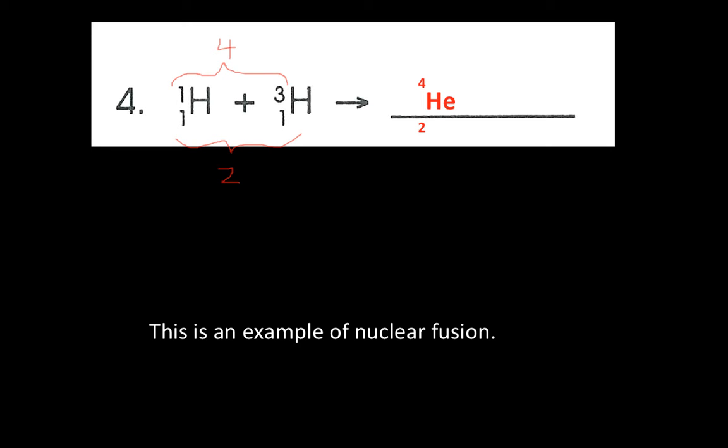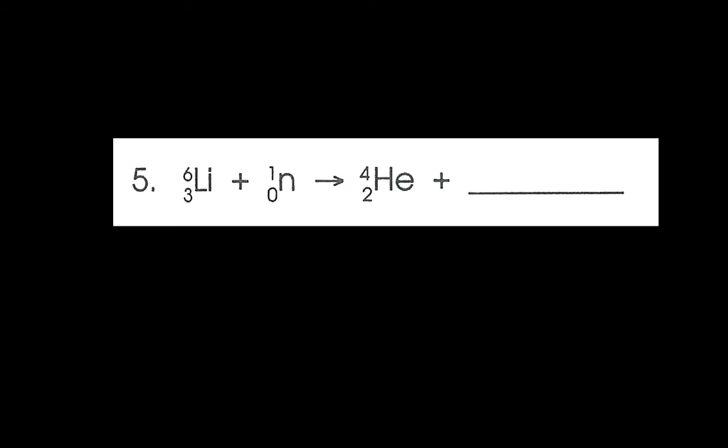We'll do one more example. You can see the blank is on the right. So we start on the left, and we have all the bottom numbers of the particles indicated. So we go 3 plus 0 is 3. On this side, this has to total 3. 3 minus 2 is 1.